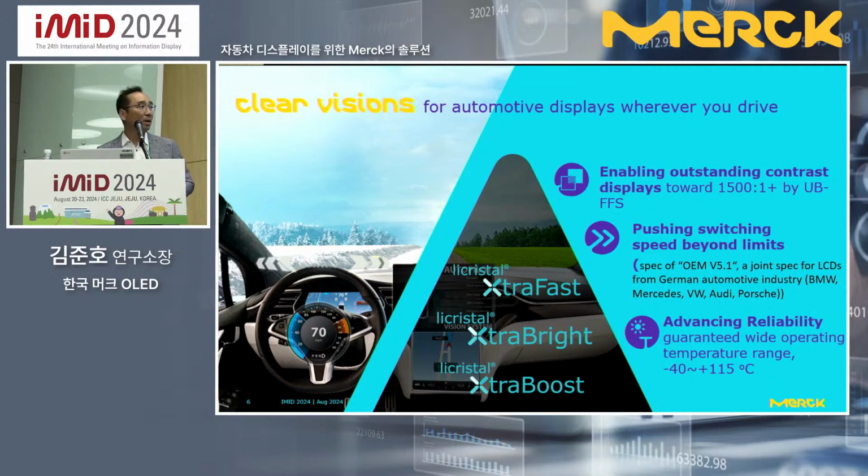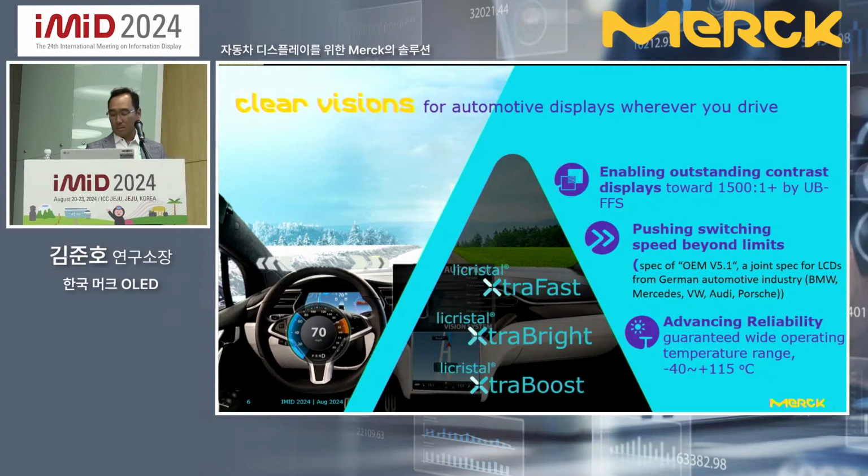And as I said before, we are also developing the LC which can operate within various temperatures from -40 to plus 115 degrees Celsius. At this operating temperature, we still fulfill the response time and the spec of the OEM.